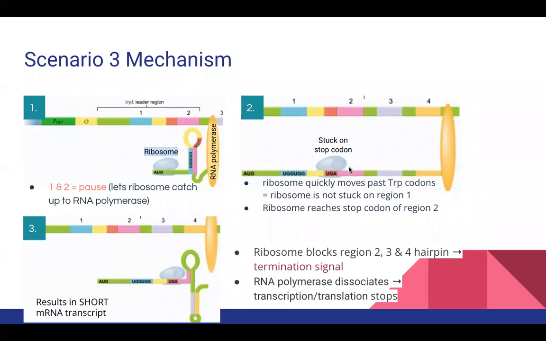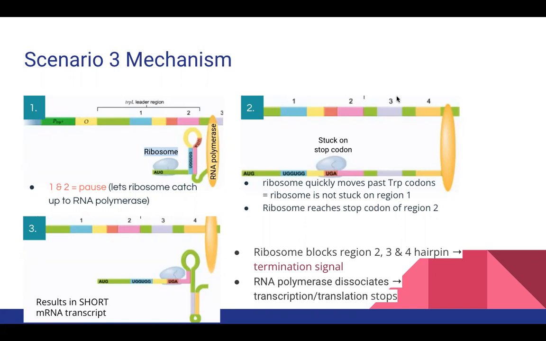And the ribosome is going to get stuck on the stop codon, right before region 2. And then this is going to allow for the hairpin to form between 3 and 4, because the ribosome is on top of 2, which prevents 2 and 3 from forming.